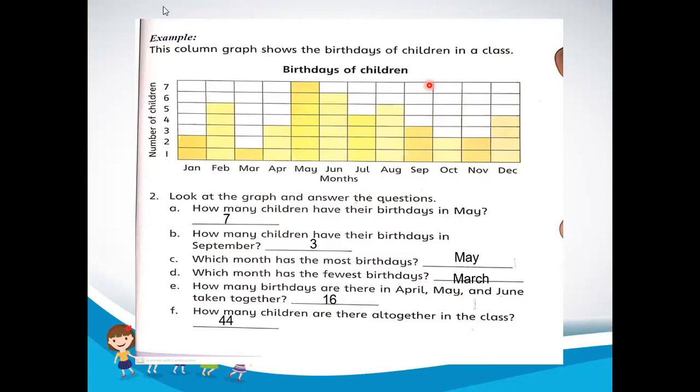Yes. Now we will do the work in our book. Everybody take out your book. Now we will do page number 212.